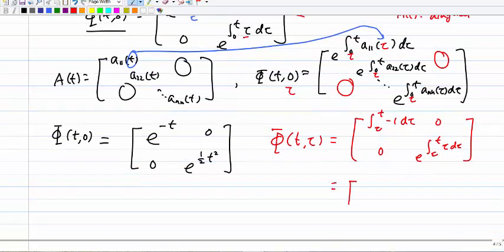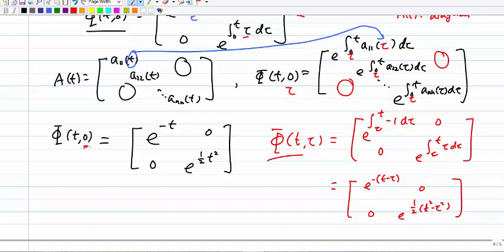So this will give us e to that. So e is minus (t minus τ), and this is 0, 0. This is e to the 1/2 (t squared minus τ squared). That's it. So that will be the case if you don't start at time 0. That's what happened.